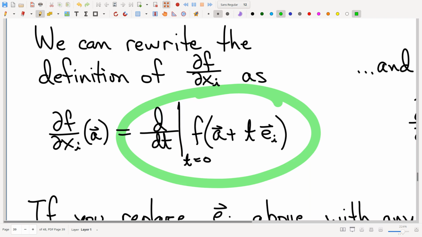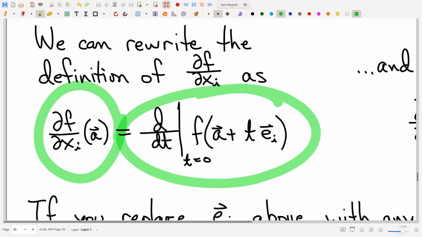And starting with the expression on the inside here, the little parametric curve, which you'll notice, when t is equal to 0, this is at A, and moving in the direction given by ei. And apparently, as we do this, it says we're keeping track of how fast f is changing. So, in fact, both of these expressions right here say exactly the same thing.